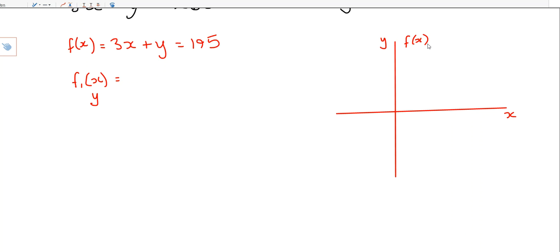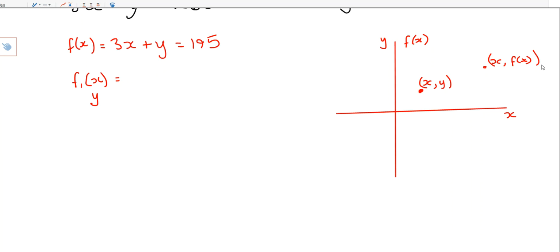Does that make sense? So a coordinate here might be expressed as x and y, but a different coordinate I could say is x and f of x.